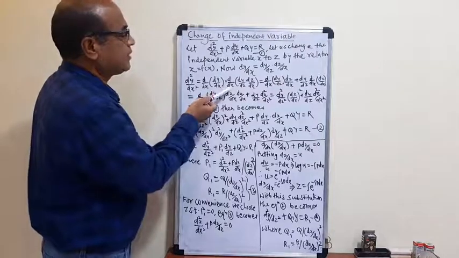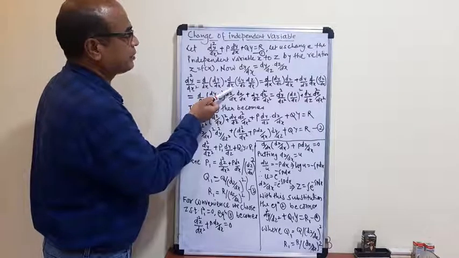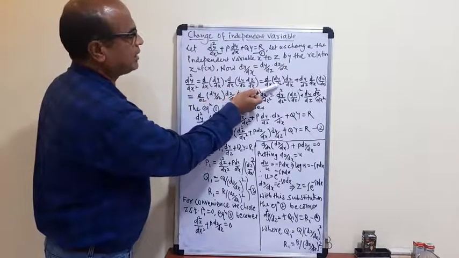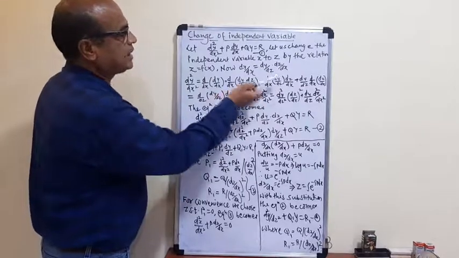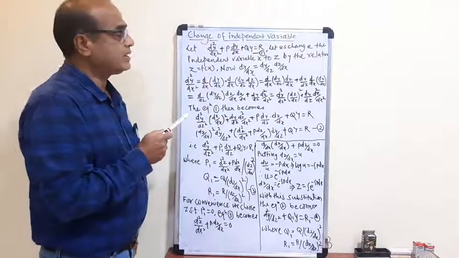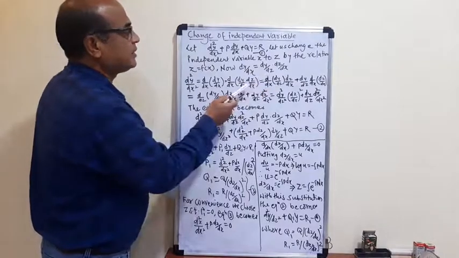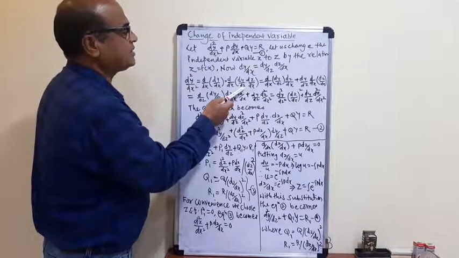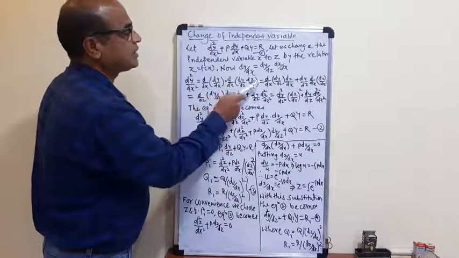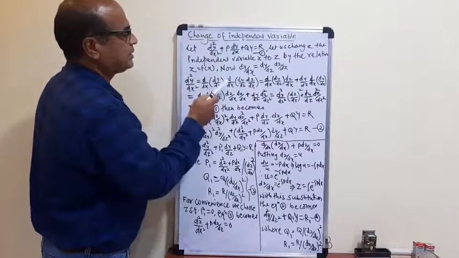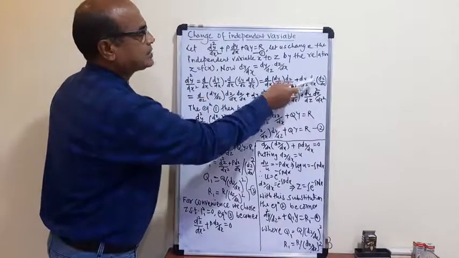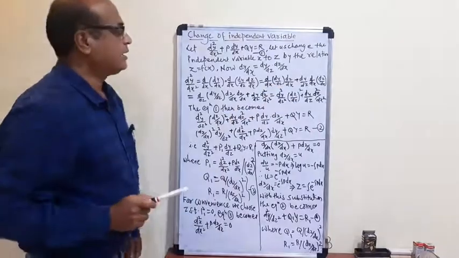So the derivative is d by dx of dy by dz, with dz by dx as it is, plus dy by dz as it is, then the derivative of dz by dx, that is d by dx of dz by dx.